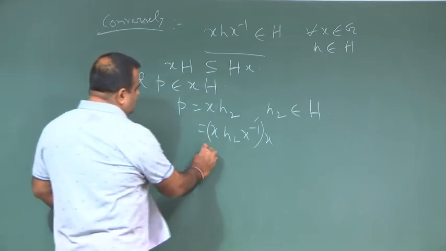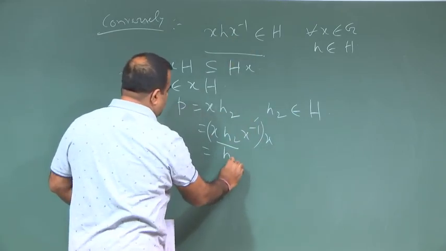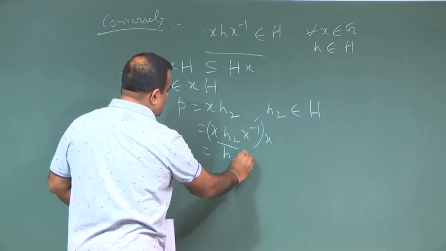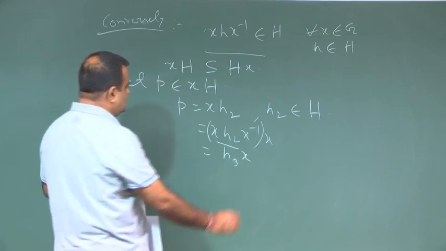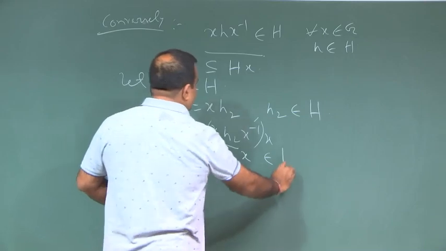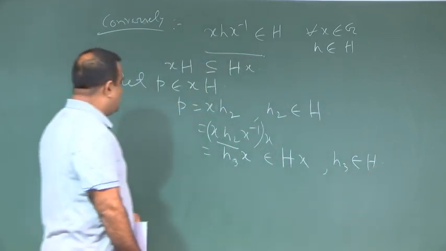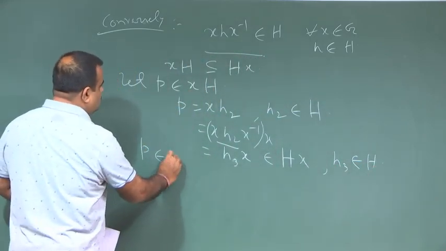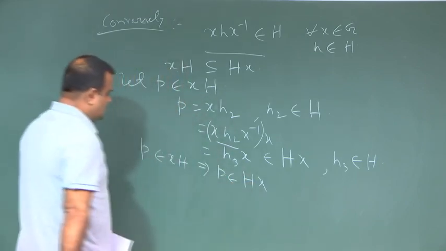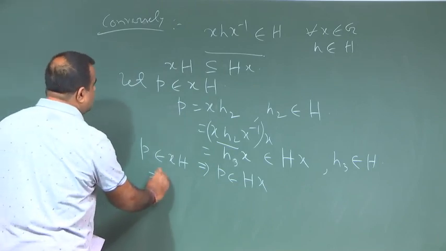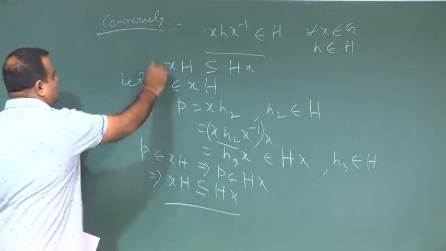Okay. Now this we know, from this property, belongs to H. So this will be some h3 x. Some h3 x means this belongs to Hx, because h3 is coming from H. So that means p belongs to xH implies p belongs to Hx. So this implies xH is a subset of Hx. So one part is done.